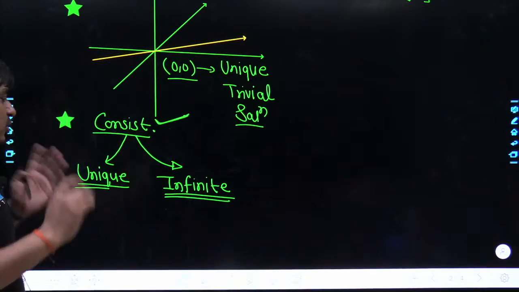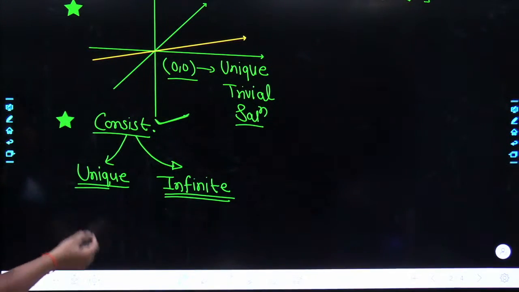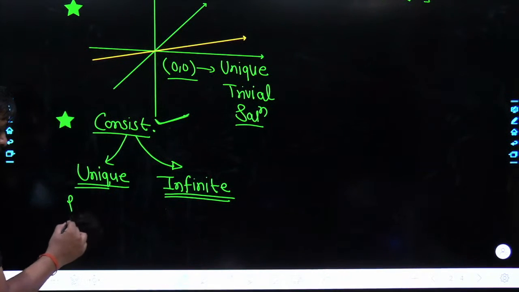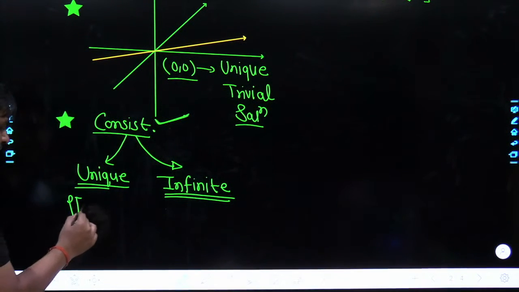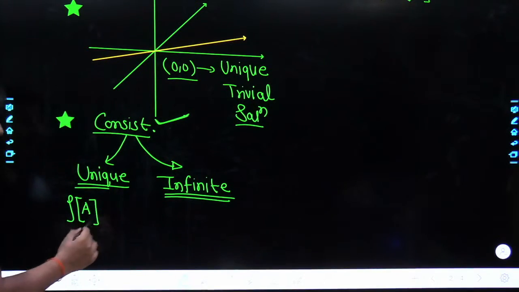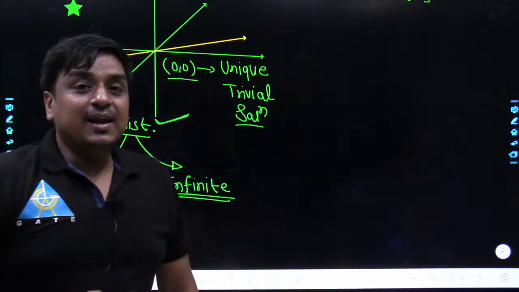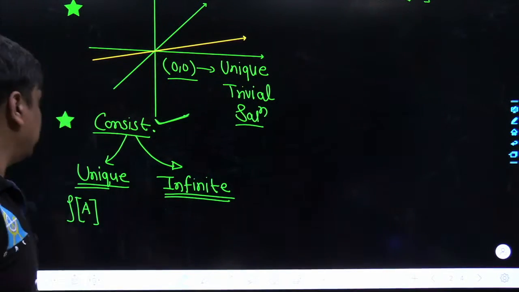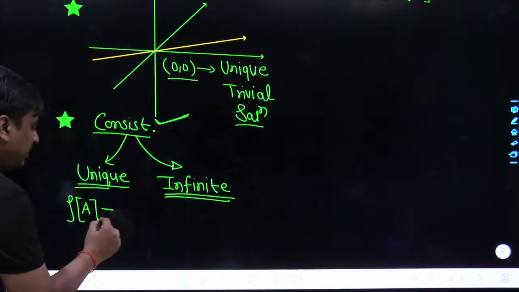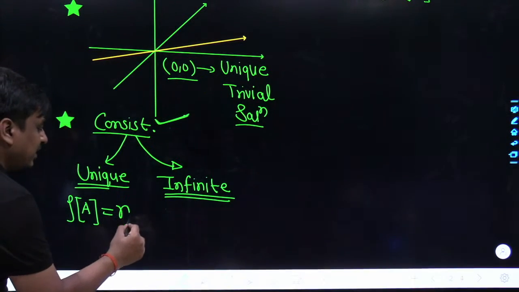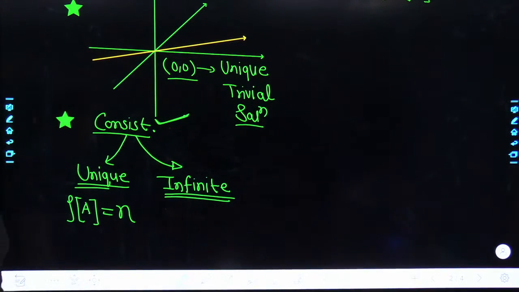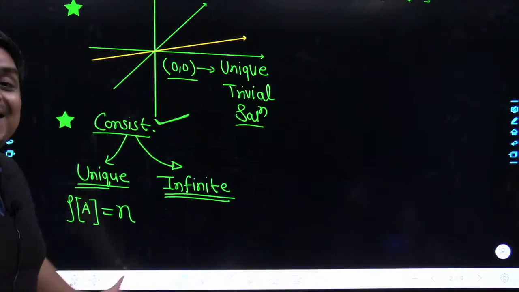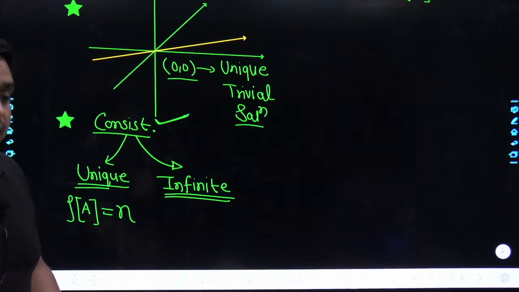Straight away, we are going to use the mathematics. I will calculate the rank of the matrix A. The rank of the matrix A would tell you the number of effective or linearly independent equations. If the number of linearly independent equations is the same as n, may I know what n is over here? Nobody should confuse it. n is not the order of the matrix. n is nothing but the number of variables.